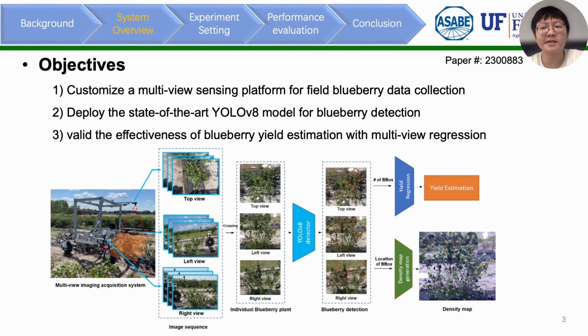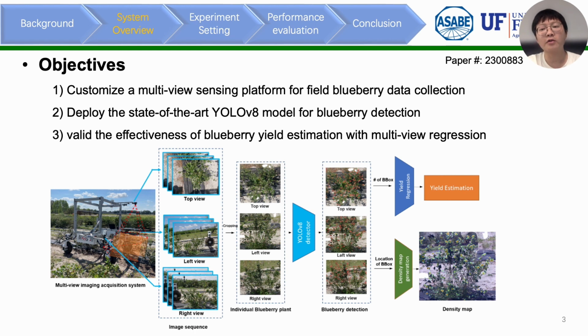To address this problem, we developed a multi-view sensing platform to cover the blueberry plants as much as possible. By integrating multiple perspectives, we aim to overcome the challenges posed by occlusion and background similarity. Based on the data collection, we will make a dataset for supervised model training. YOLOv8, the state-of-the-art detection model, was used for the blueberry detection.